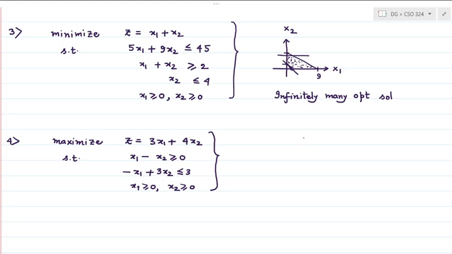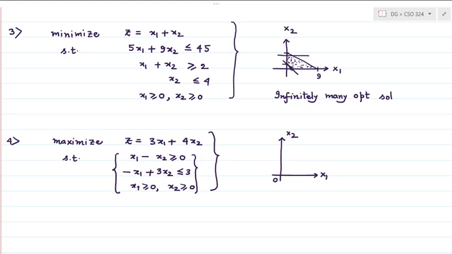The constraint set or the feasible set is the set of all points x1, x2 in the two-dimensional Euclidean space, that means in this x1, x2 plane, which satisfy all the restrictions. That region is called the feasible region or the constraint set of a given linear programming problem.